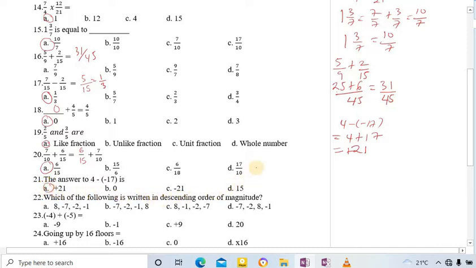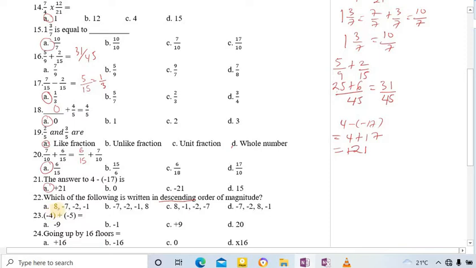Which of the following is written in descending order of magnitude? This is one question I think most people found quite difficult, because people feel that when numbers look big, they are really big, without respecting whether they are negative or positive. Descending order simply means ranging from the biggest number to the lowest.